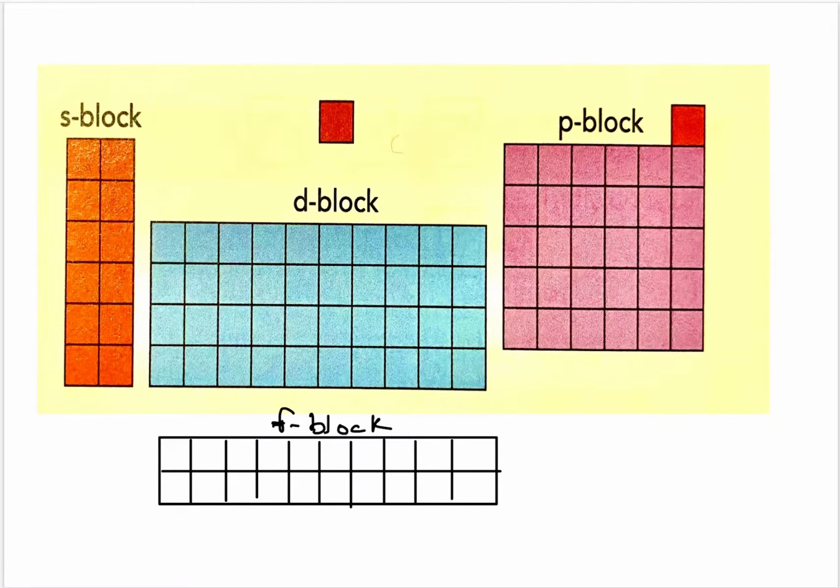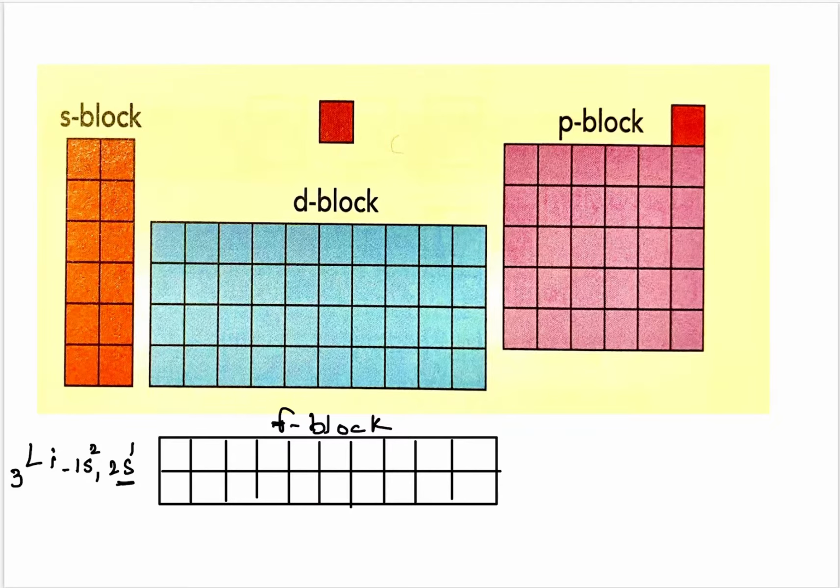For example, suppose we talk about lithium, Li. Lithium has an atomic number of 3. That means it has 3 electrons and 3 protons. If we write its electronic configuration, 1s2 and 2s1. So you'll see the valence electron is in the s orbital. Therefore it comes in the S block.